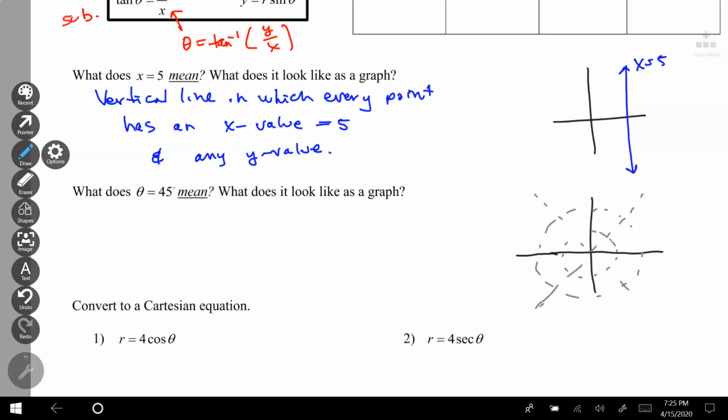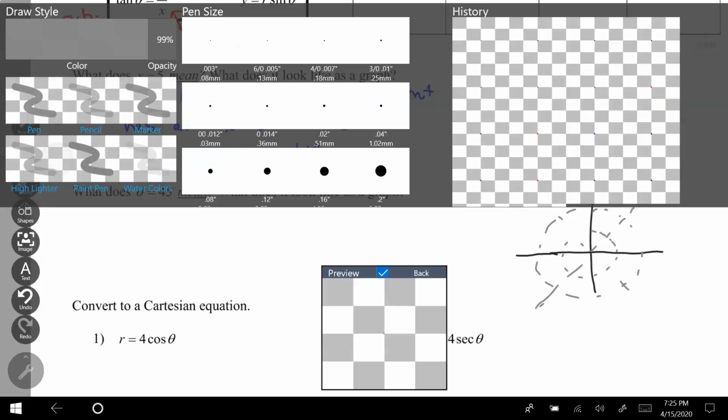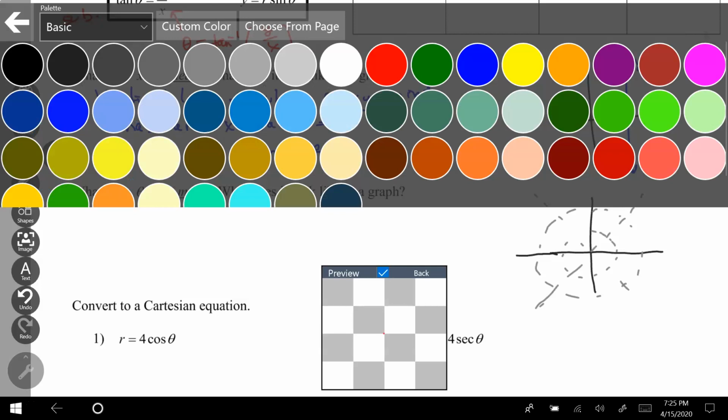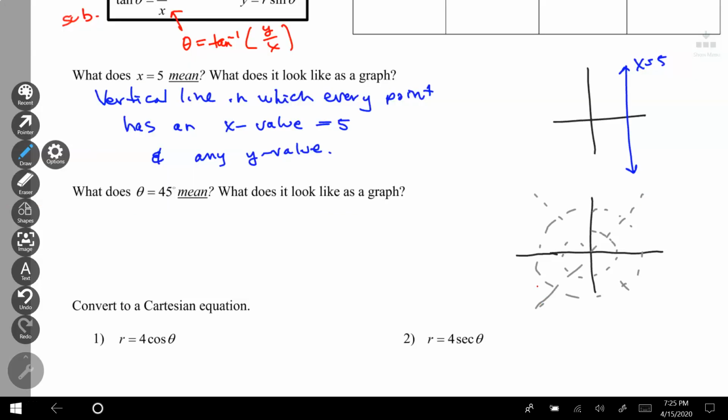So if I graph theta equals 45 degrees, that graph would look like this. This is theta equals 45 degrees.